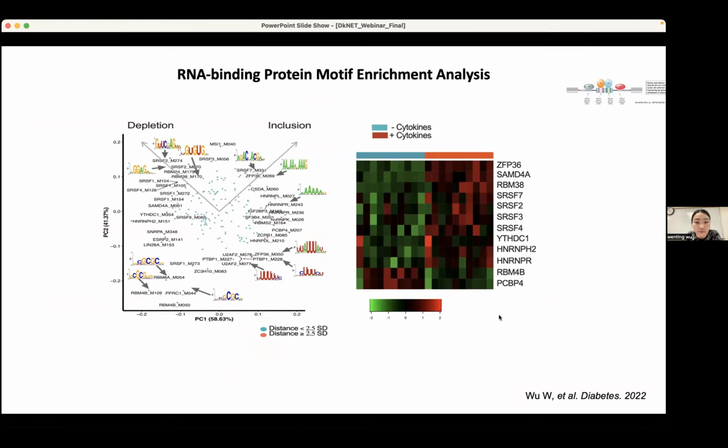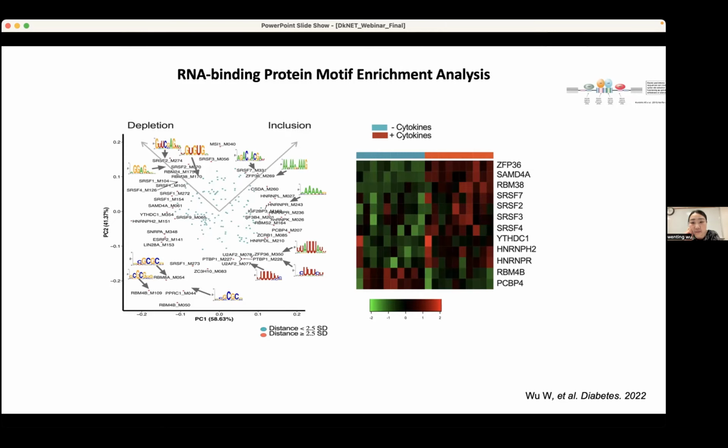So we have done some prediction for those splicing factors to see which splicing factors target the skipped exon events in our detection. For the experimental part, we cross-checked with one public dataset.